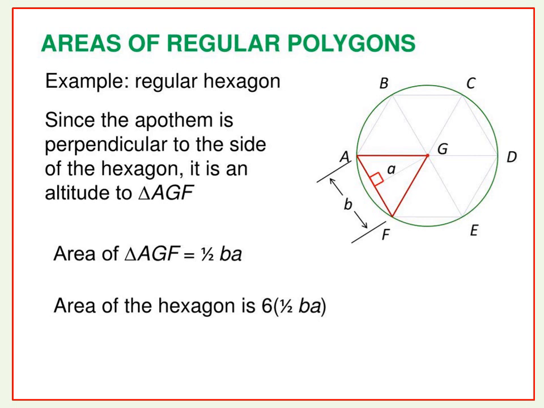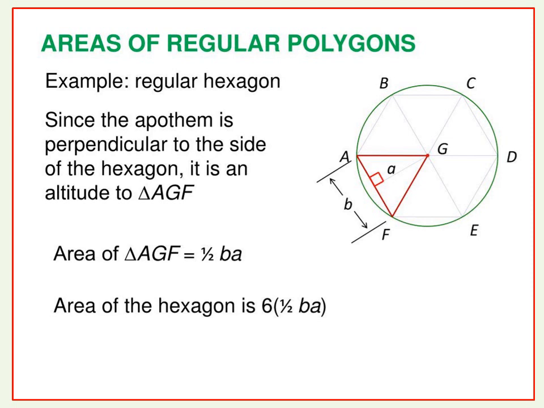And remember, we said it is isosceles because it is made up of two radii, AG and AF. They are the radius of this circle or the polygon. And therefore, in this hexagon, the apothem is the perpendicular height of triangle AGF.